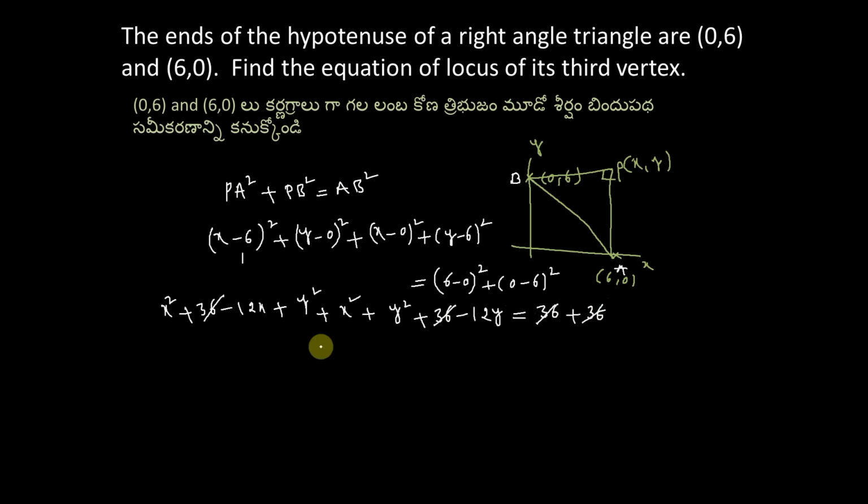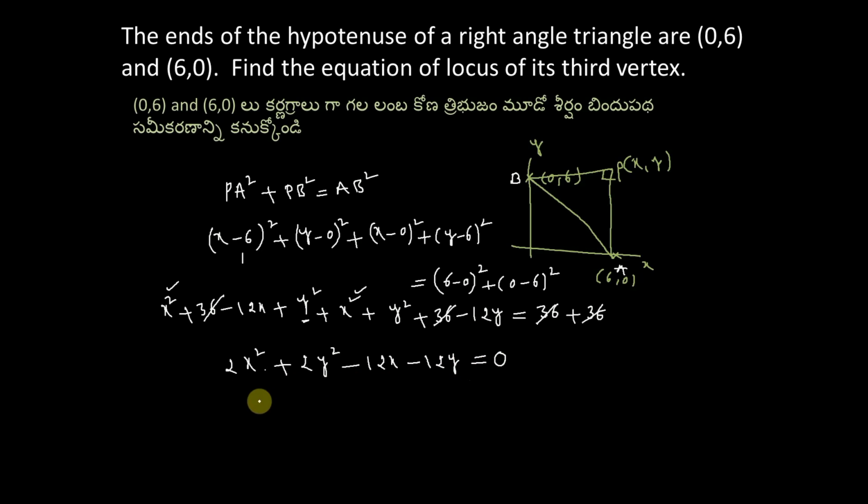So the final answer will be, write down second degree terms first here, x square plus x square, you will get 2x square. Similarly, y square plus y square, this is 2y square, minus 12x minus 12y is equal to 0.